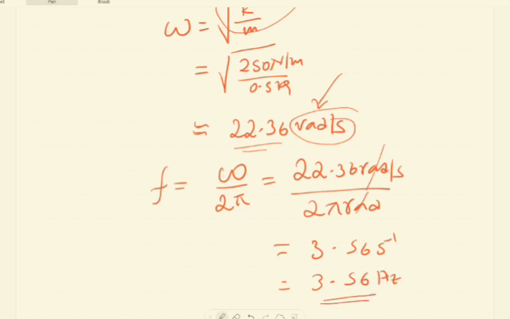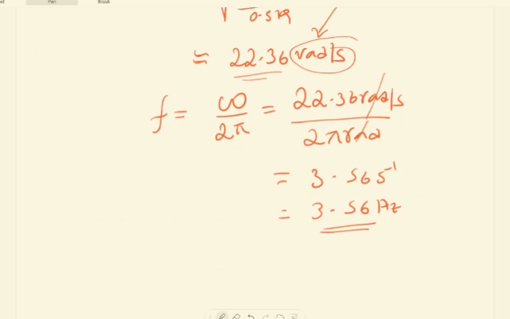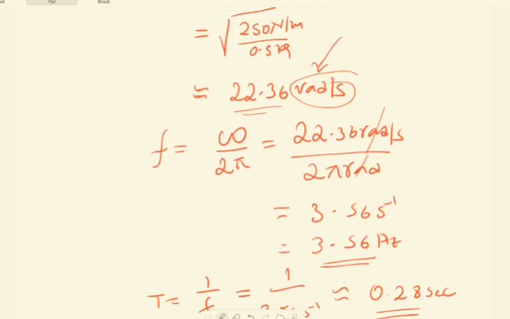This would be the frequency, and if you found the frequency it's easy to find the period. From the relation, period is 1 over f, the frequency, this would be 1 over 3.56 second inverse, so we'll get approximately 0.28 of a second. That's so fine, that's so good.